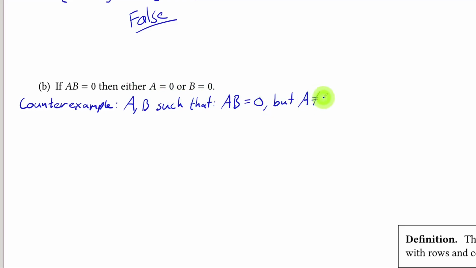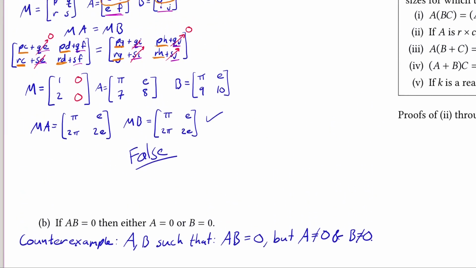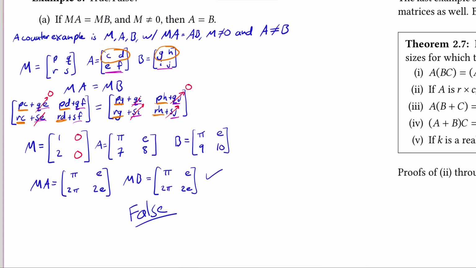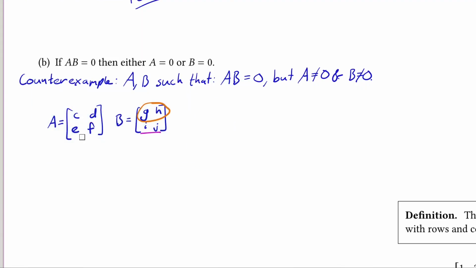So A is not 0, and B is not 0. And maybe we can use the same notation from before for A and B. If you want to pause this and try this on your own, it's a good exercise, but I will show you my way of thinking about it here.